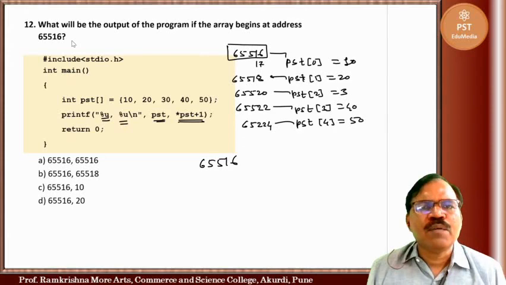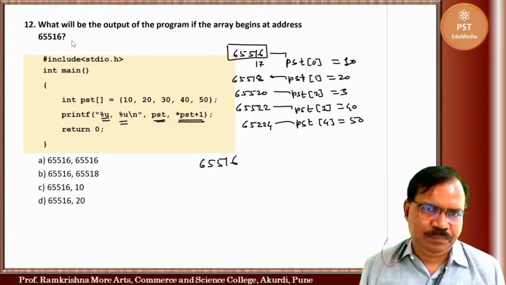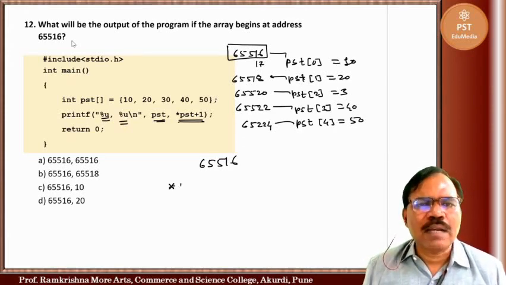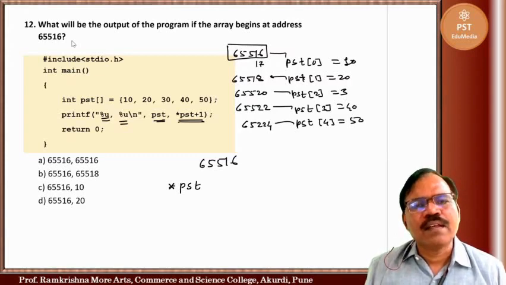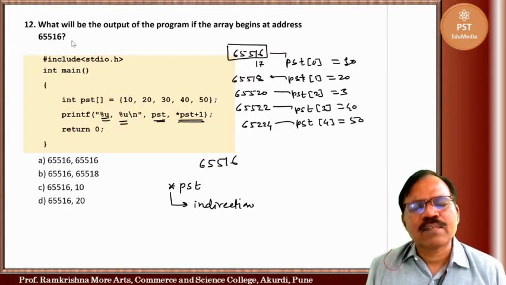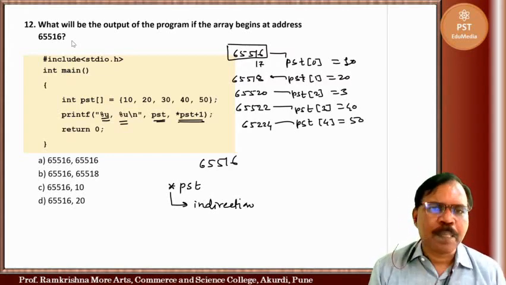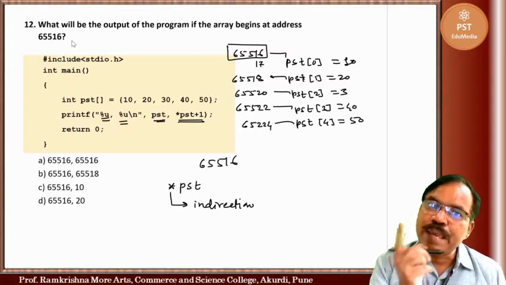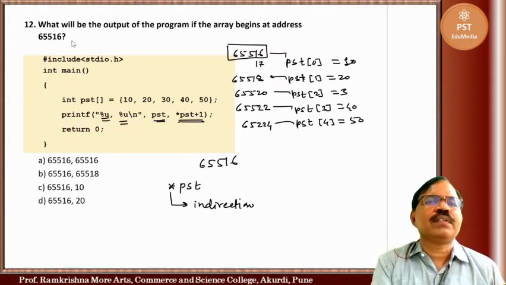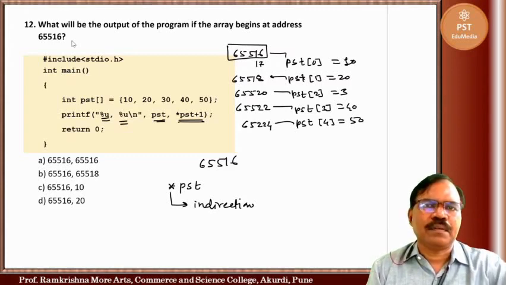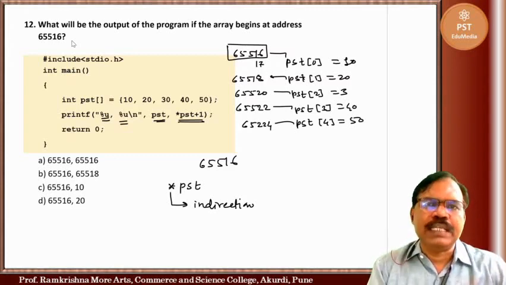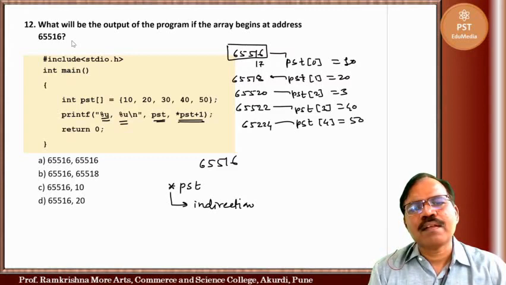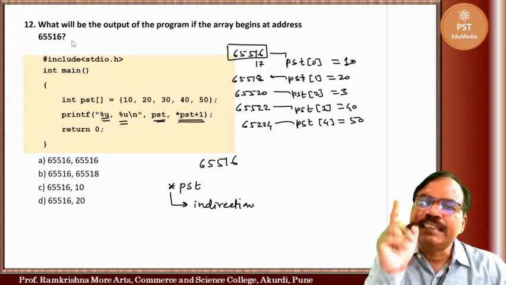But what is star PST? Now star PST means this is the indirection operator. Indirection operator means it goes to the memory location of PST and it takes its content.